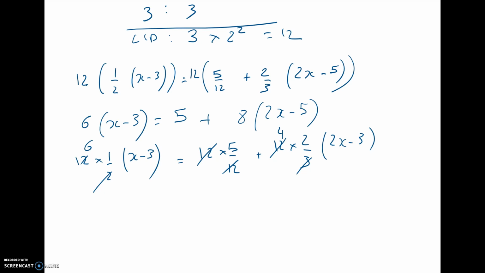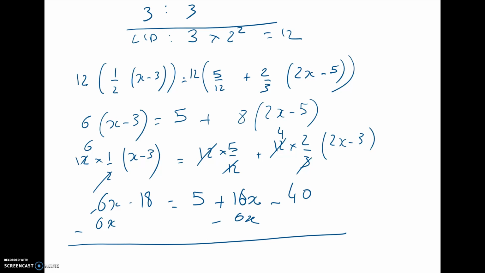And then you distribute: 6x minus 18 equal 5 plus 16x minus 40, because 8 times 2x gives you 16x. And then you reorganize to have all the variables on one side and all the non-variables on the other side. So you are going to subtract 6x, and 6x disappears. And you are going to add 40 and subtract 5.